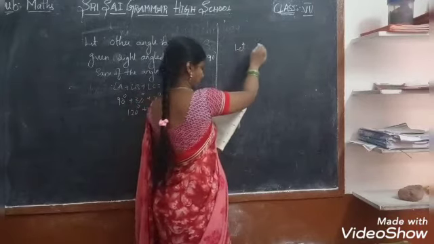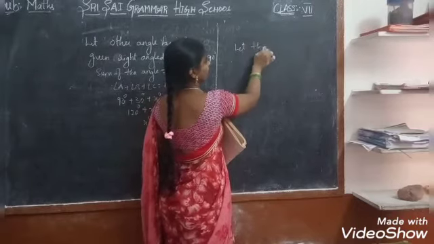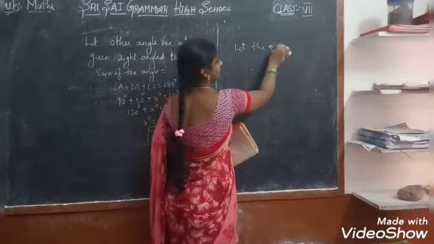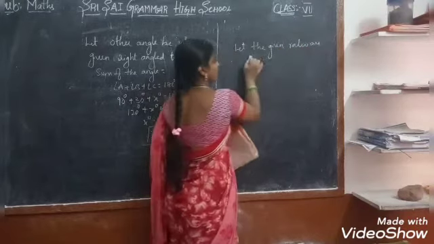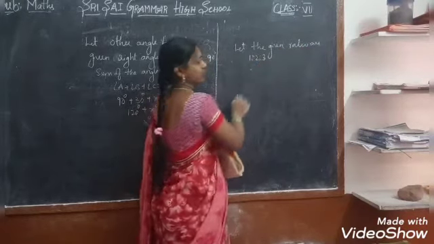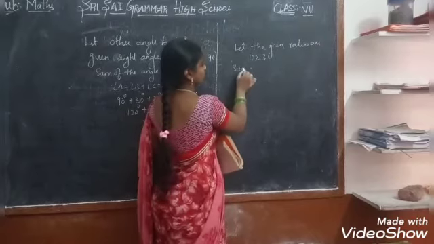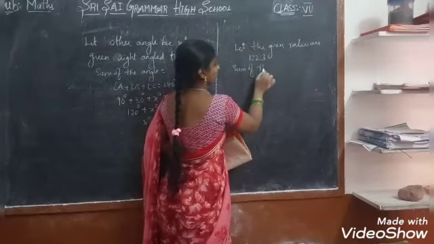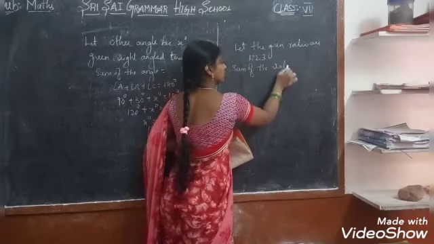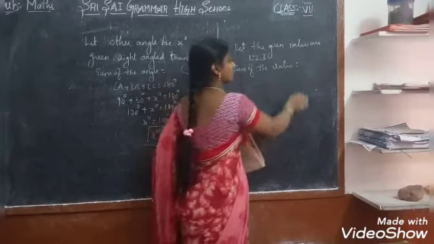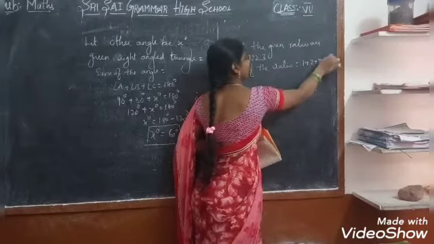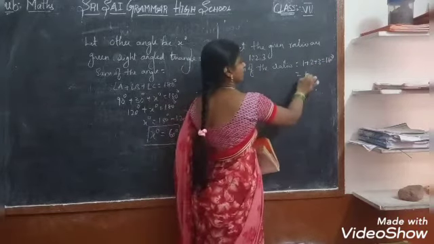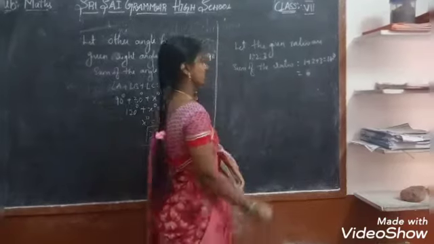Sum of the ratios equals 1 plus 2 plus 3, which is 6.